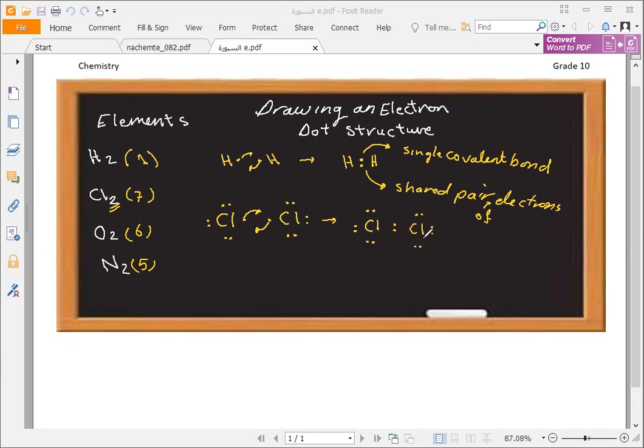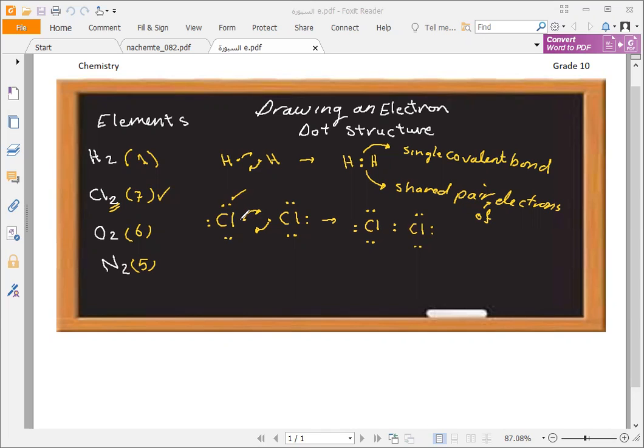Teacher, I didn't understand the chlorine. Here we have 7 dots because it has 7 valence electrons, and here 7. Each chlorine atom needs 1 electron to be octet stable.